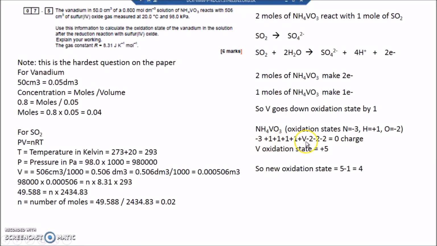So my oxidation state of vanadium must be +5 to make all of those numbers equal 0. If it's going down by 1 because it's accepting an electron, its new oxidation state must be 4.